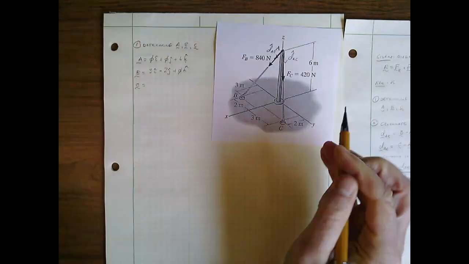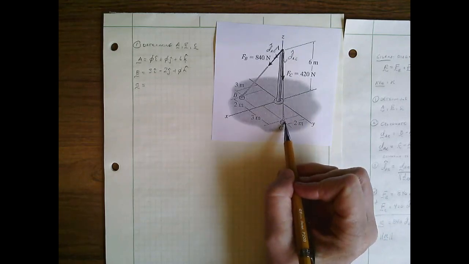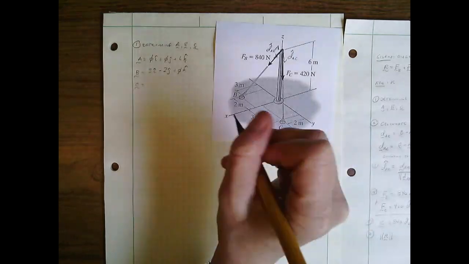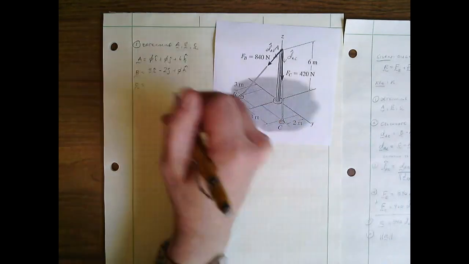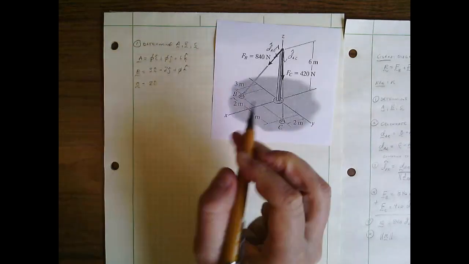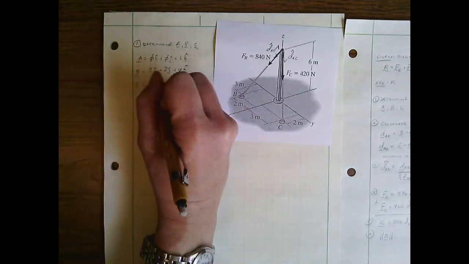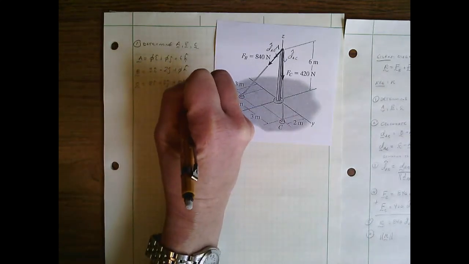C, this point here, I'm going to get positive X, positive Y, and again 0 in Z. So positive X, I'm coming this direction, that's 2 meters, 2I, positive Y, 3 meters coming this way, plus 3J, plus 0K.